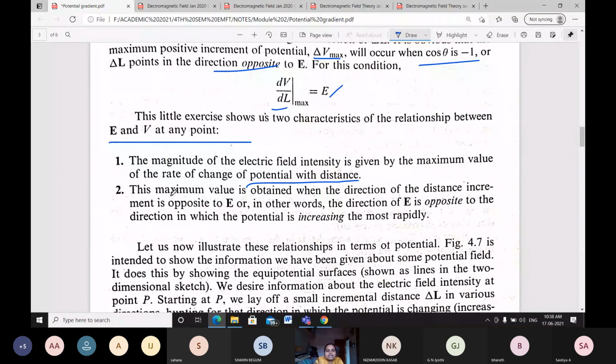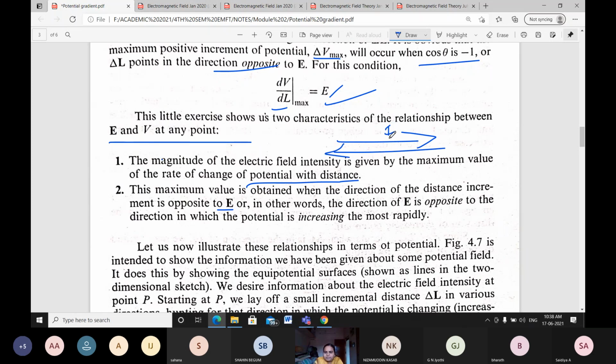Then the second one: this maximum value is obtained when the direction of the distance increment is opposite to E. Observe here, the maximum value should be opposite to E. Means if the electric field intensity is in this direction, our dV by dl should be in the opposite direction.